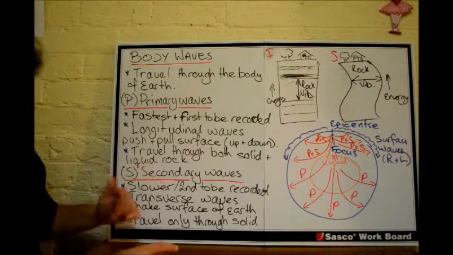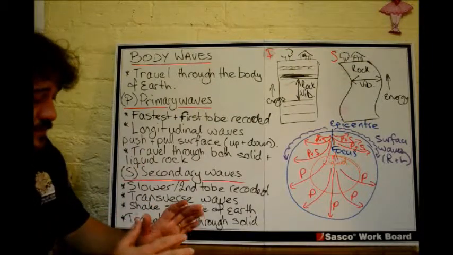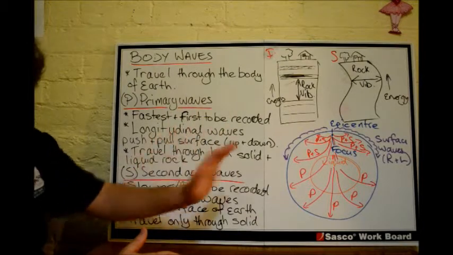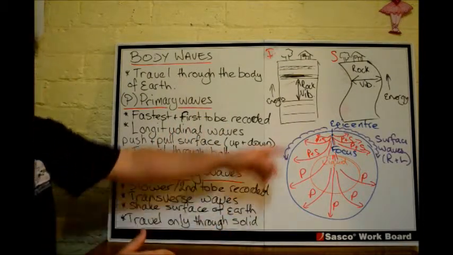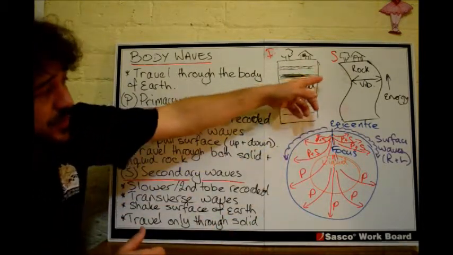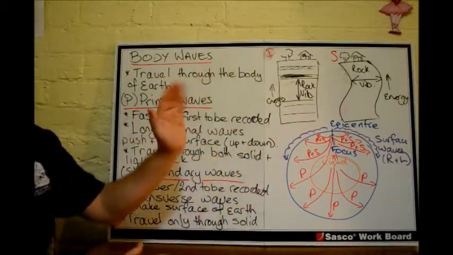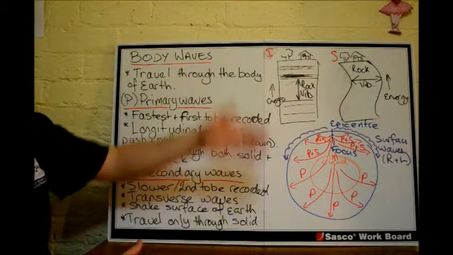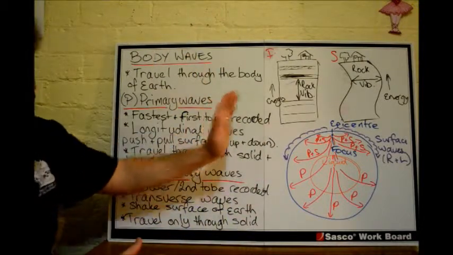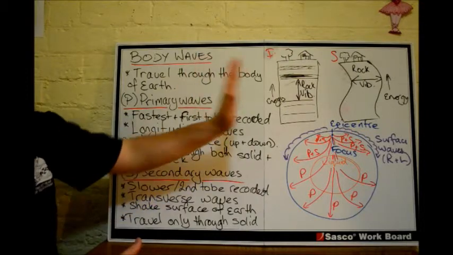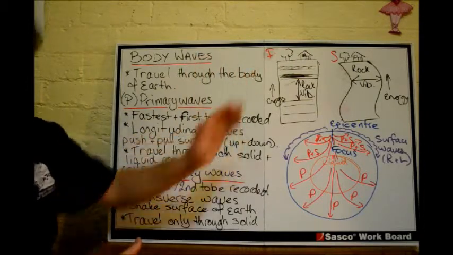Alright, secondary waves. So this actually gives a side-to-side motion, a shaking motion on the surface of the Earth. But again, they're coming up from beneath. They're that kind of a rolling wave, but going straight up from beneath. And so they make the rock shake like this, and that's what gives a left to right motion in the house.